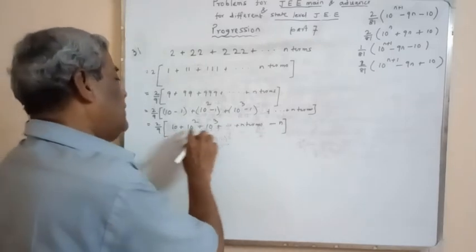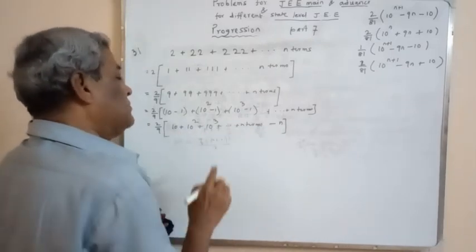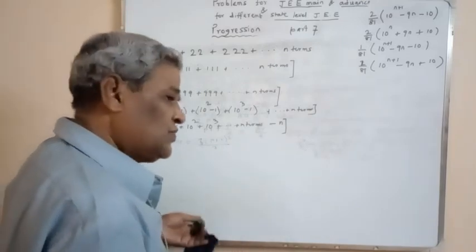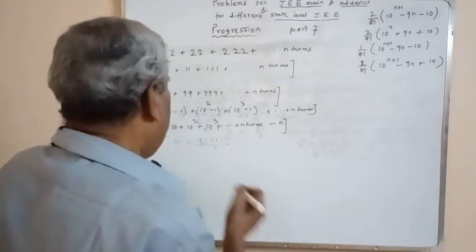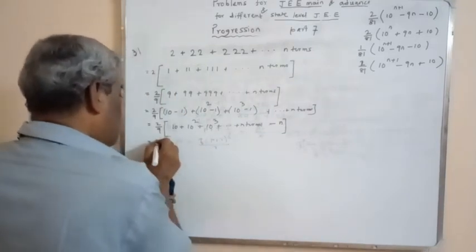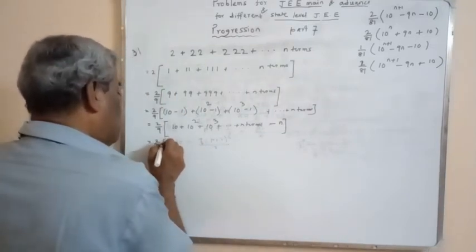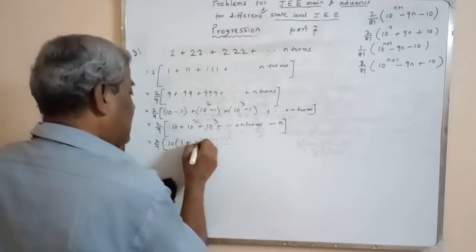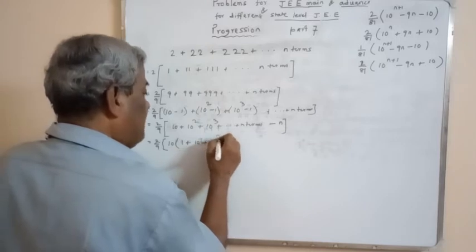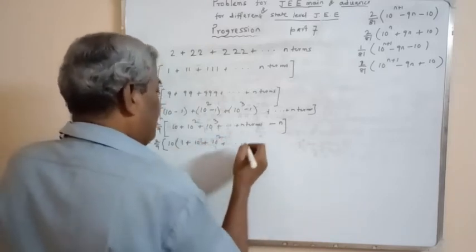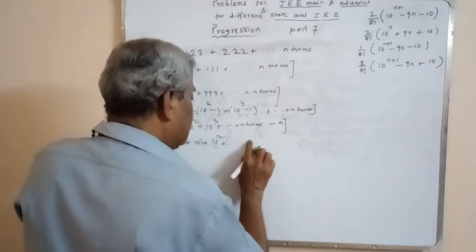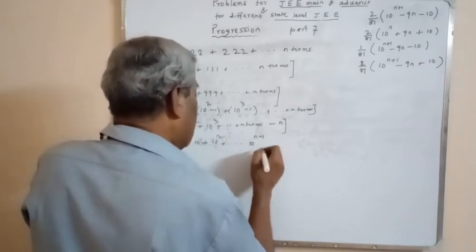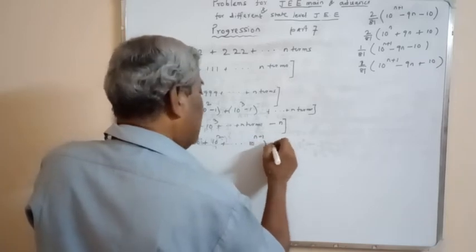Now this is a GP having n terms whose first term is 10 and common ratio is also 10. To make it simpler, take 10 common: 1 plus 10 plus 10 square, this way up to n terms, that is, the last term will be 10 to the power n minus 1, minus n.